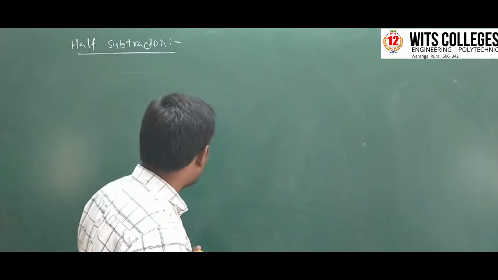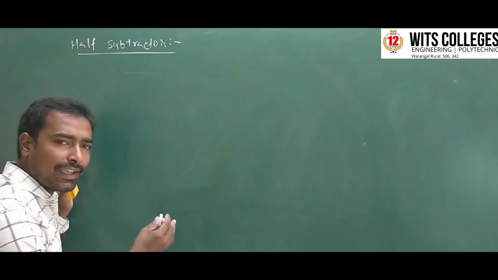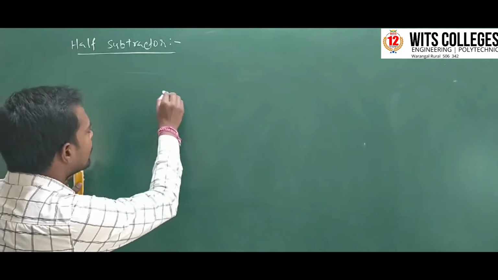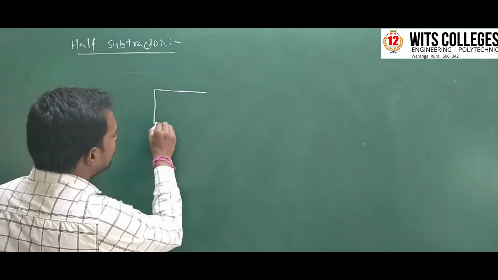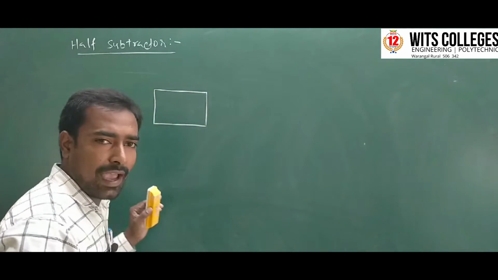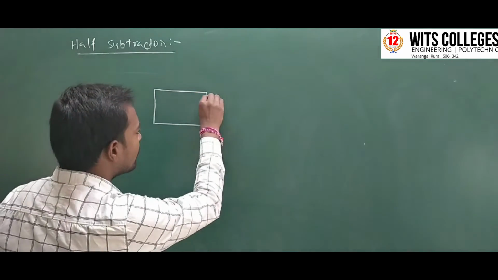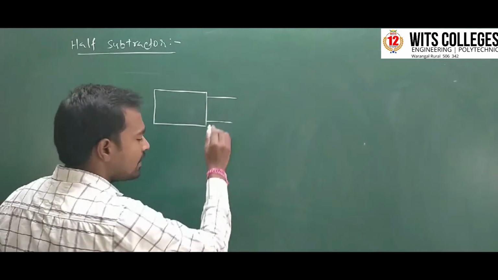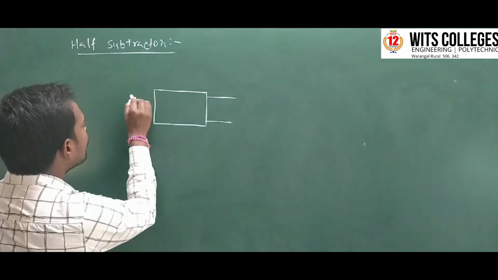So here is the basic block diagram of the half subtractor. The half subtractor, full subtractor, adders, full adder and half adder all come under combinational circuits.